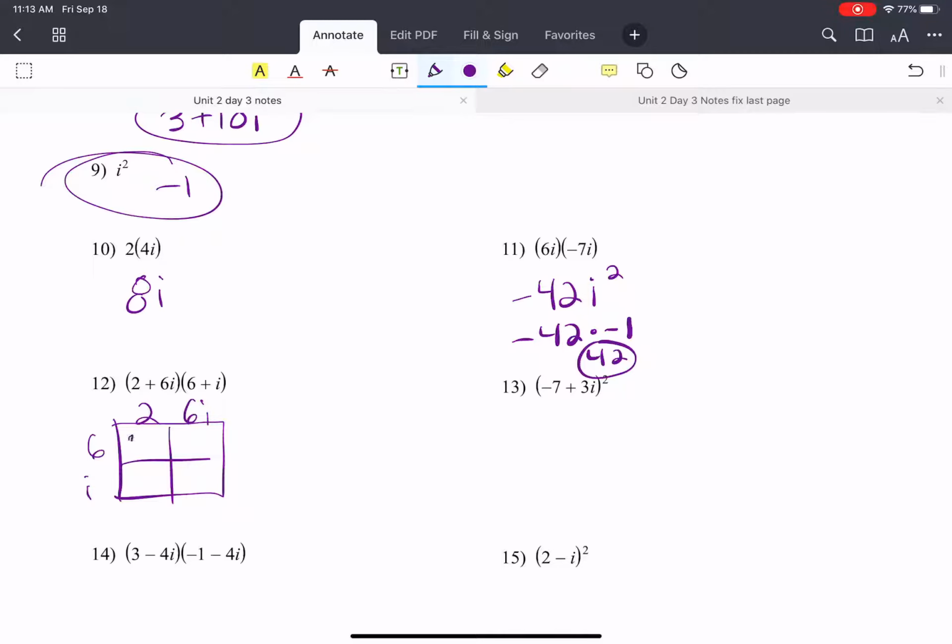So 6 times 2 is 12. 6 times 6i, that's 36i. 2 times i, that's 2i. 6i squared. So now let's add up our like pieces.